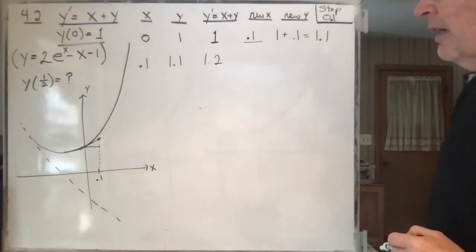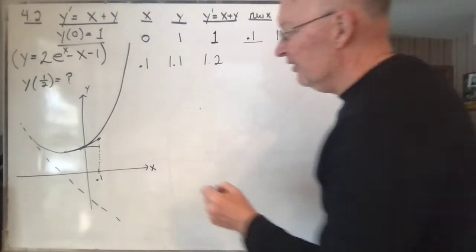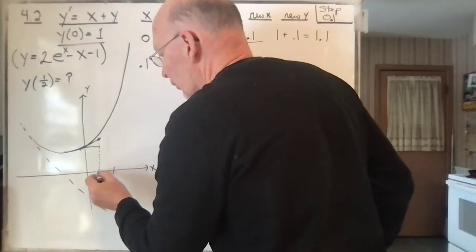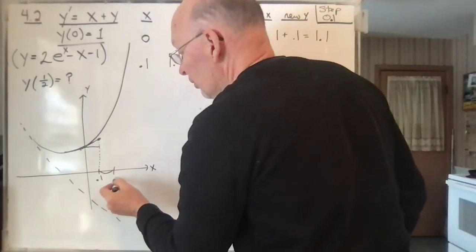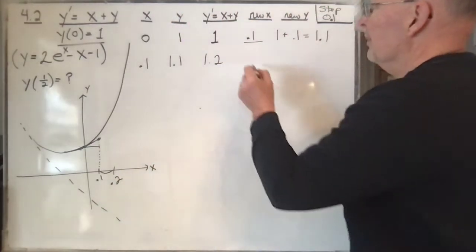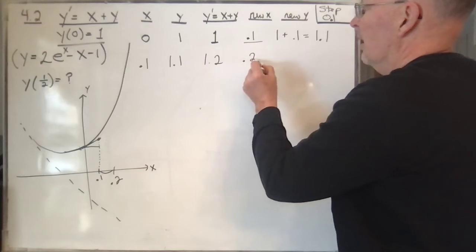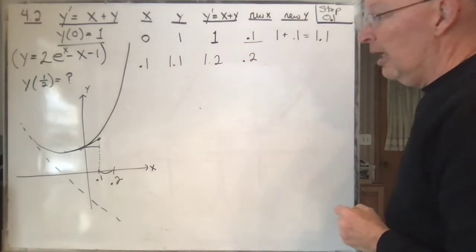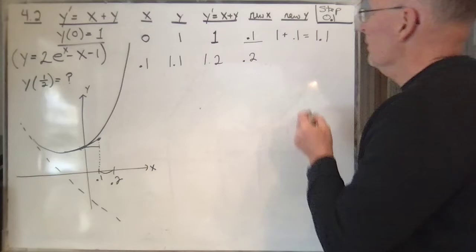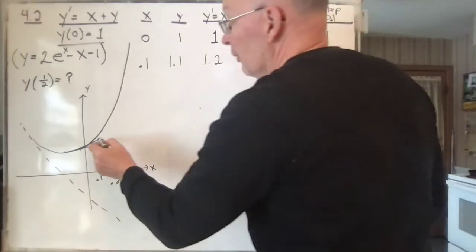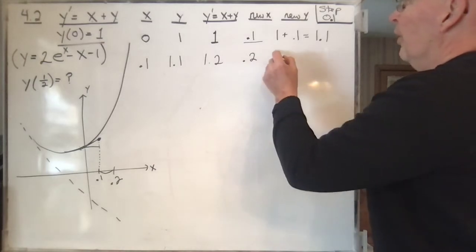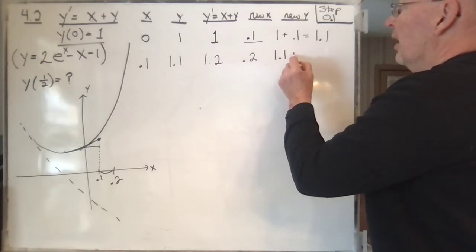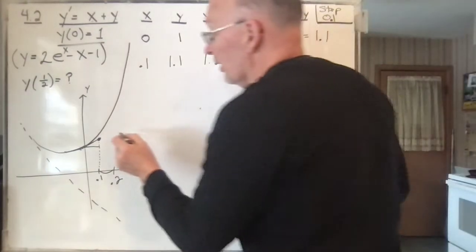Okay, so now we've got everything we need. So now we take a step in this direction again. So we first take a step of 0.1. So this is now going to be 0.2. There's our new x value. And the new y value is going to be the old one. We're starting right here, which is 1.1. And now what do we have to add to it?